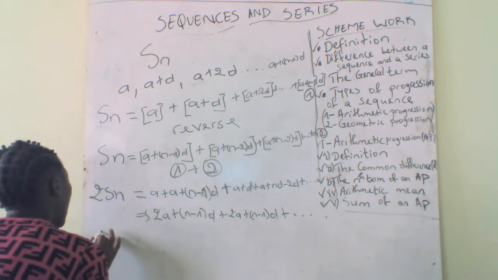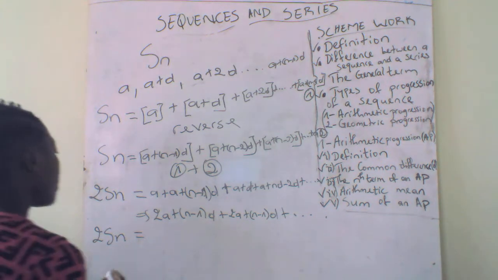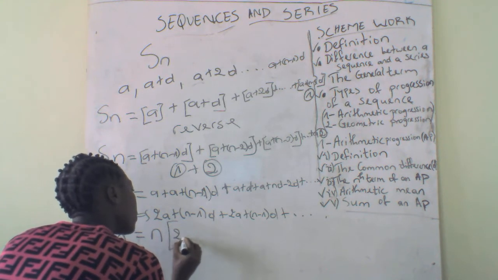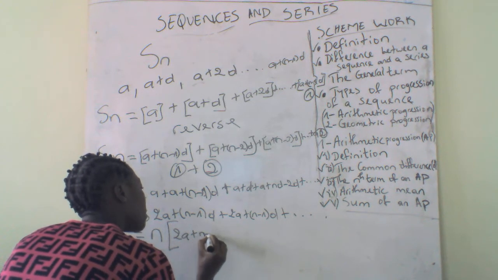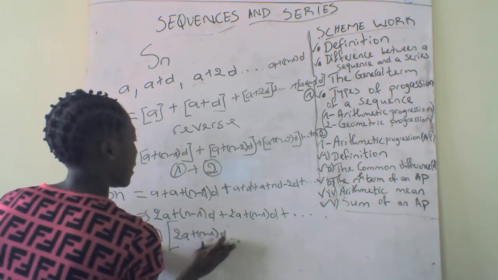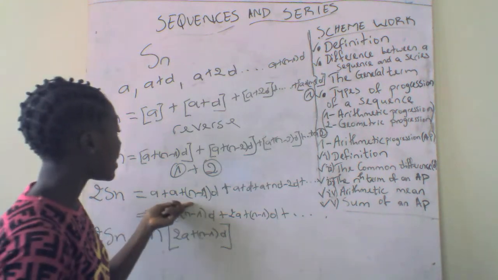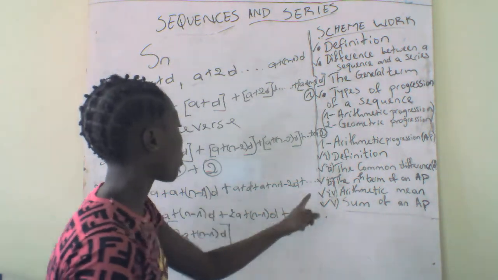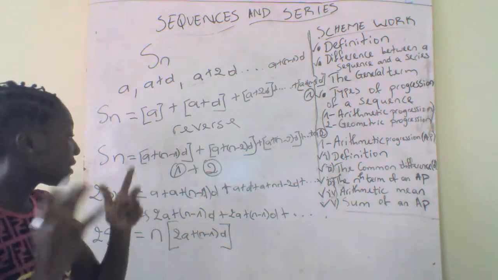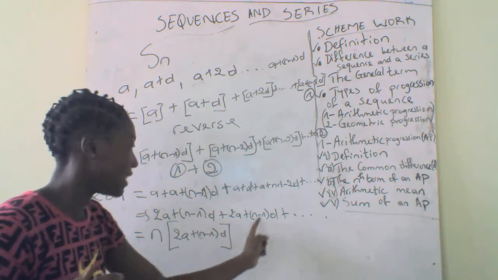And therefore our 2Sn will be equal to n times (2A plus (n minus 1)D). So why this n? This n is here because if we continue adding up this, we are going to have a certain number, and that certain number multiplied by it will still give us this plus this plus this.